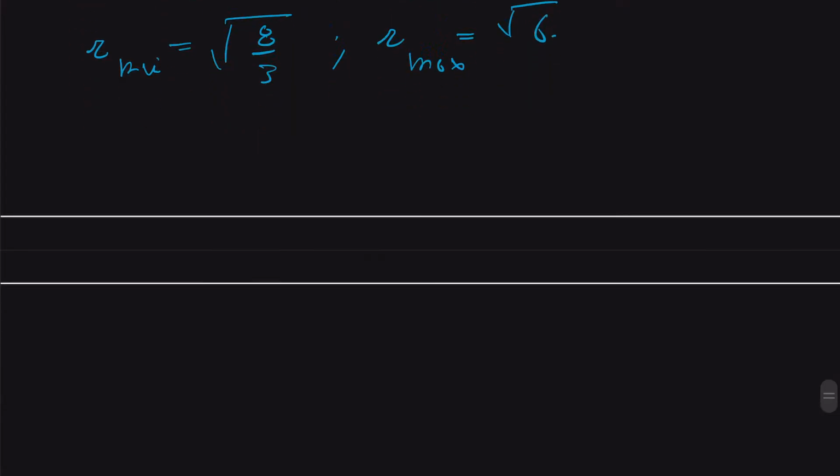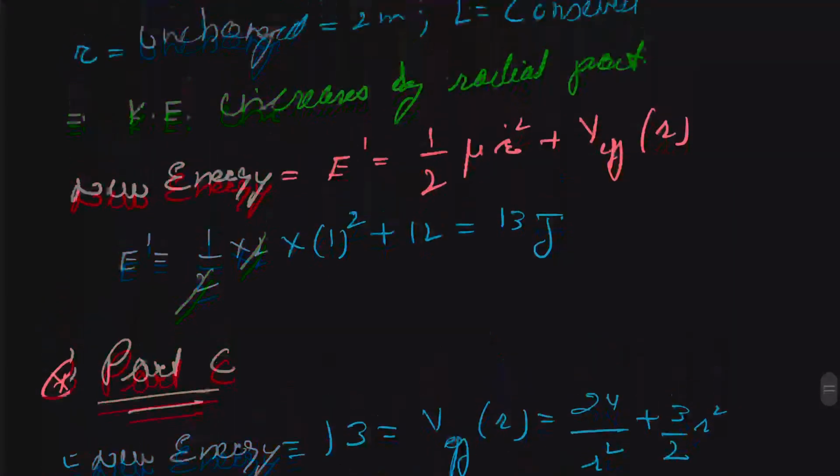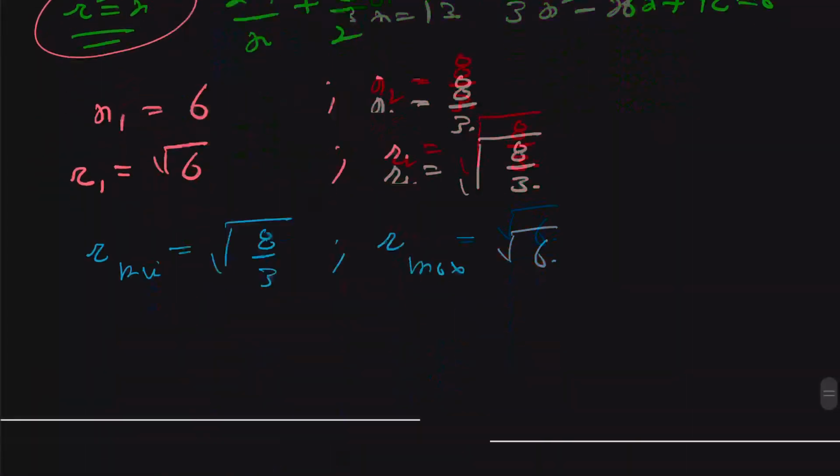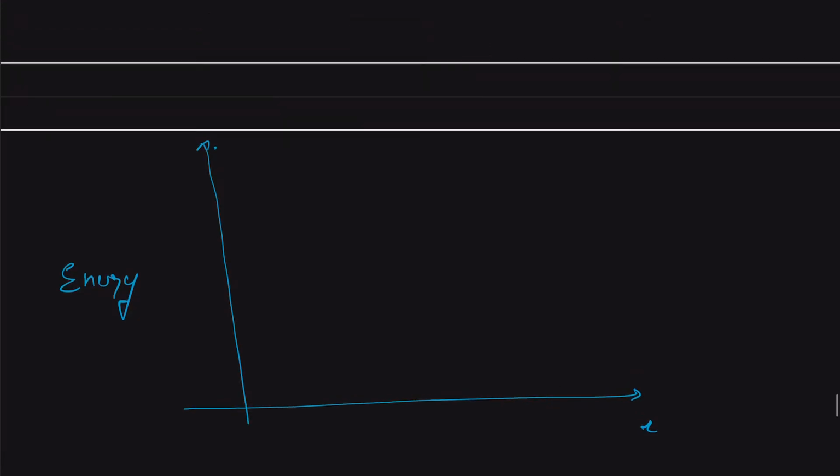And finally, in part B, we are supposed to plot the graph also, and for that we can just plot it approximately. So this is our radial distance, and we have our energy, and the initial and final energy we already know.